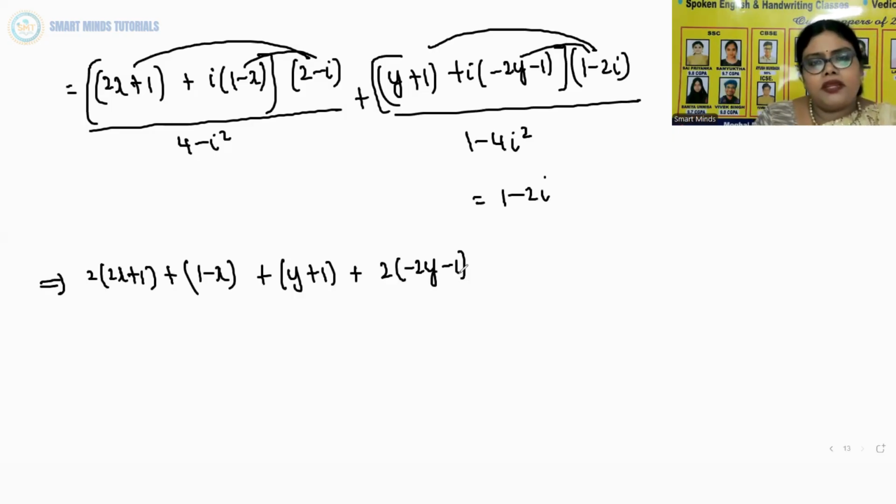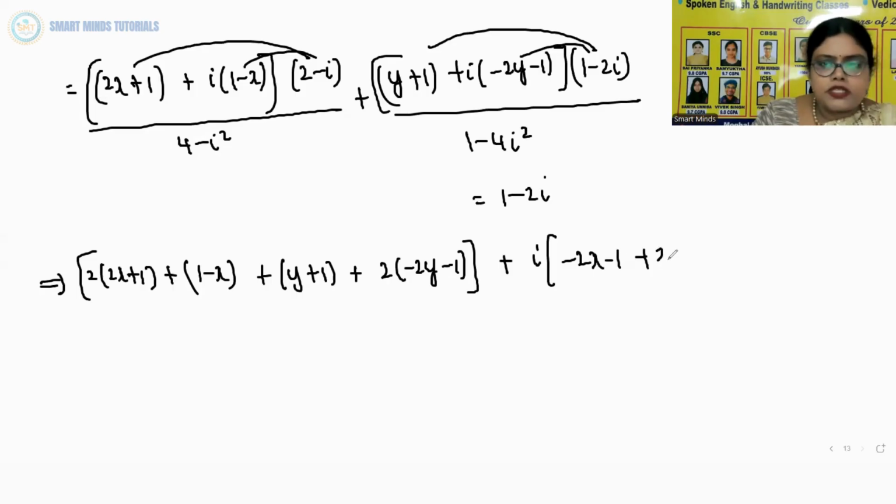Here we are separating real and imaginary parts. This is real part plus i into imaginary part, which is minus (2x minus 1) plus 2 into (1 minus x) minus 2 into (y plus 1) plus (minus 2y minus 1).